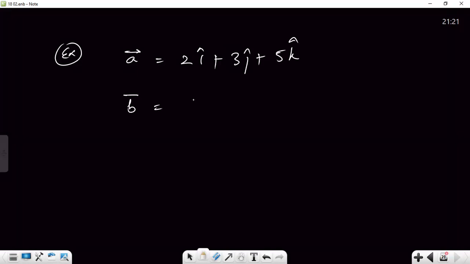The B vector is 2i cap plus 3j cap minus 5k cap. You have to find A dot B.